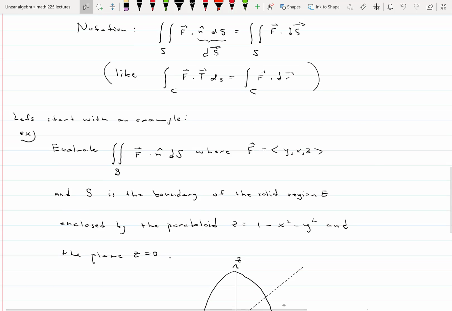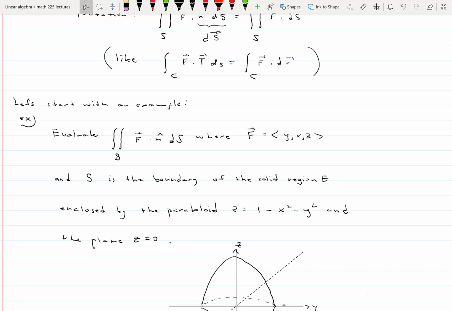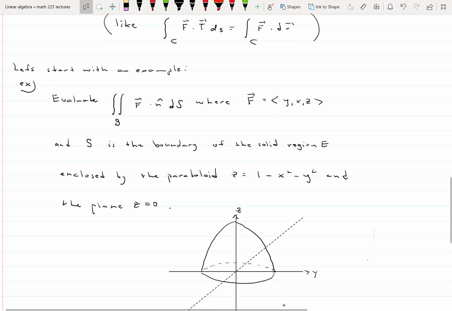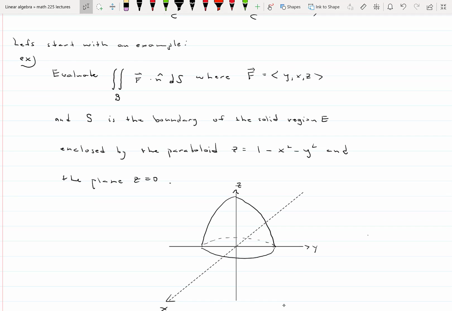Okay, so let's start with an example. This example is still material from the previous section, but I'm going to build on it. I want to look at a specific computation of a flux integral, and we'll expand on this when we get to the divergence theorem. Evaluate the flux of F across a surface S, that is the surface integral of F dot n dS, where F is the vector field with components y, x, and z.